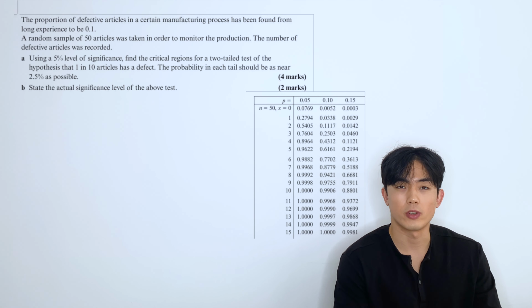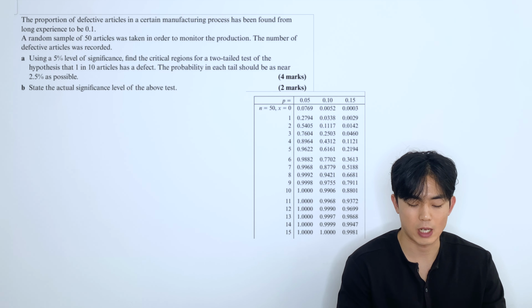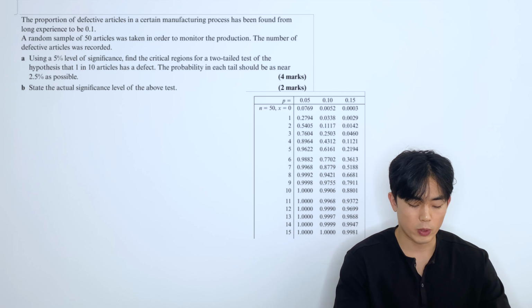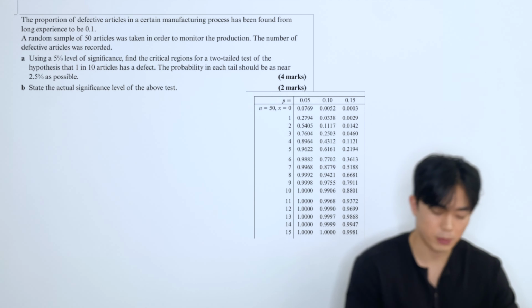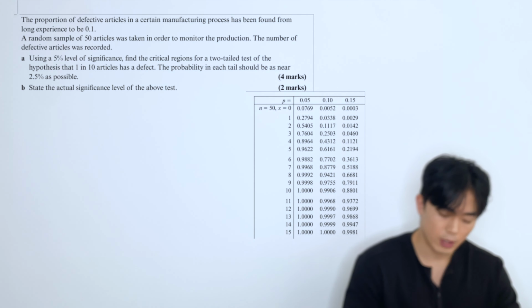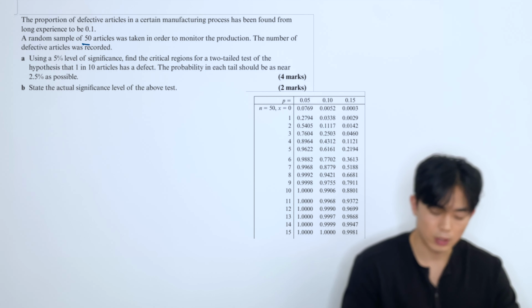The final example I want to do is just a tricky question, or a question that might try and trick the students. So we have the proportion of defective articles in a certain manufacturing process has been found from long experience to be 0.1. A random sample of 50 articles were taken in order to monitor the production. The number of articles were recorded.